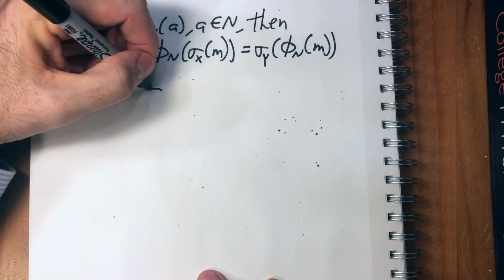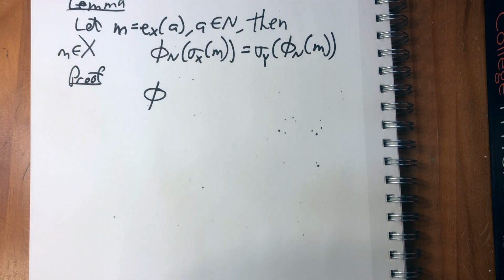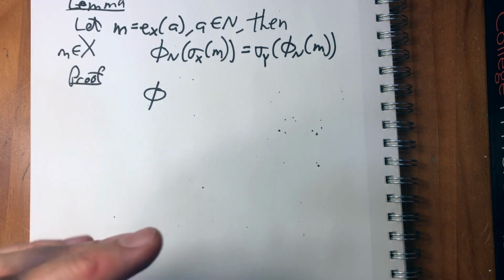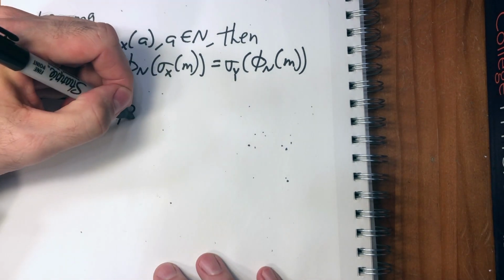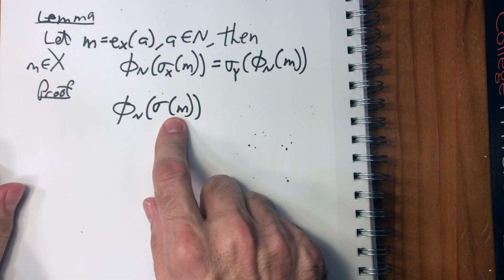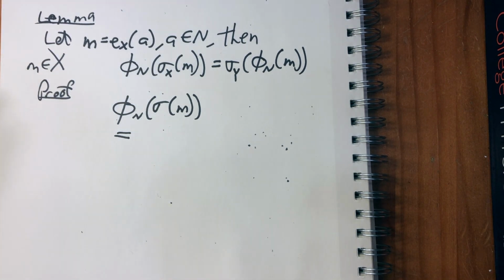A lot of these proofs, once we get to them, are just algebra. The proofs themselves are very straightforward and something that I find fun to do, just applying the different axioms one step at a time. So we start with phi of the successor of m, that equals.